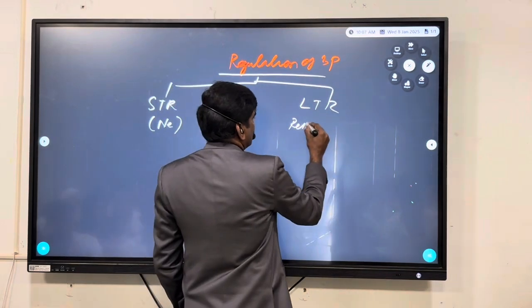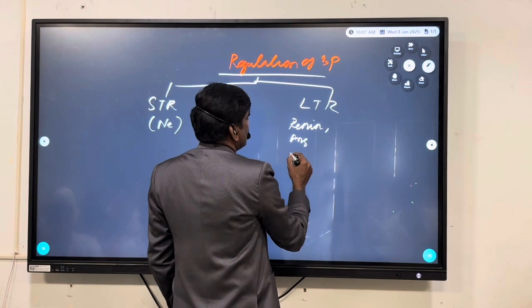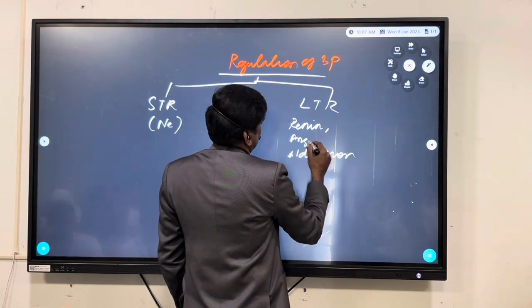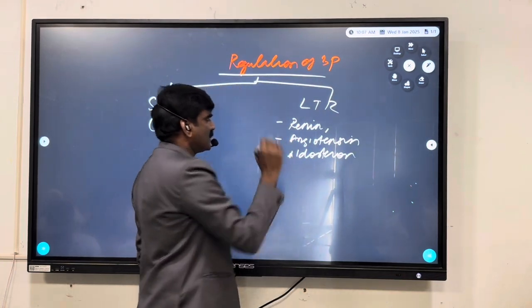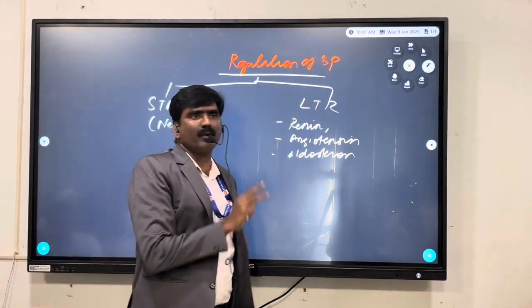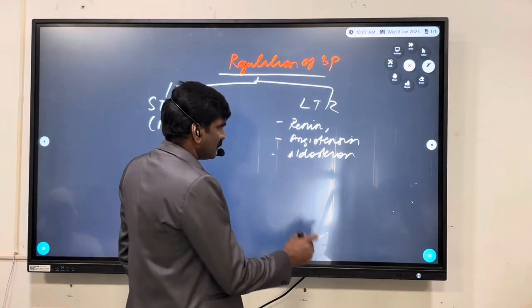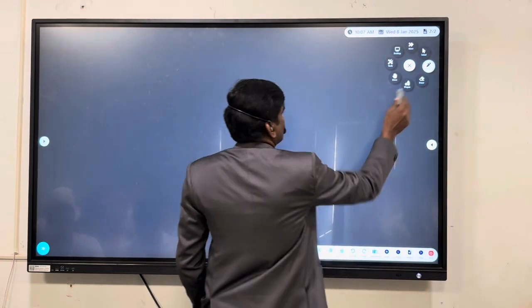Renin, angiotensin, we will discuss in detail, and aldosterone. So this we are going to discuss. Basically, I will draw one image and then I will explain it to you.